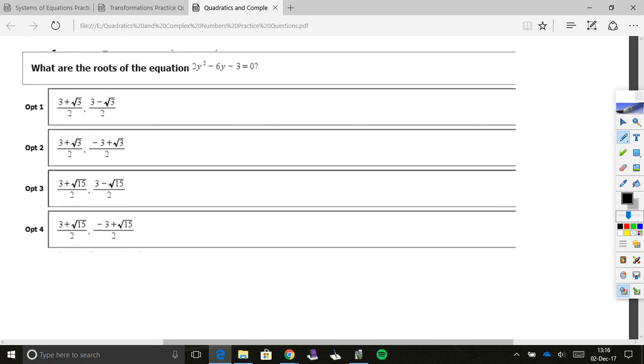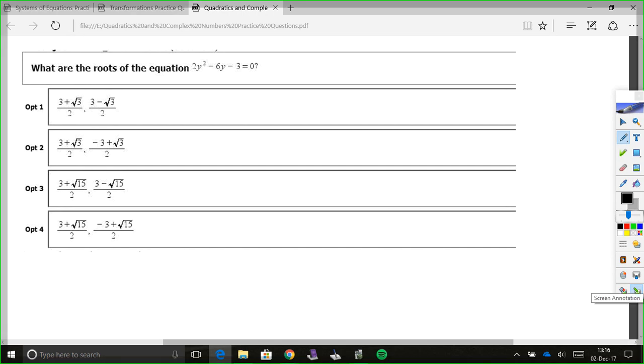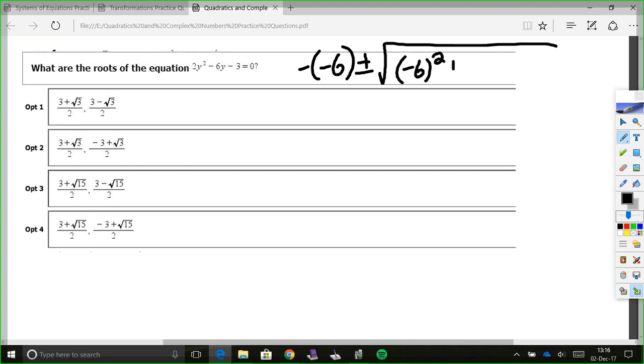All right, again, another quadratic formula. We've got a bunch of these. It's already set up properly, so let's just go ahead and get to work. Negative 6, because that's negative b, plus or minus the square root of negative 6 squared, minus 4 times a is 2, and then c is negative 3.